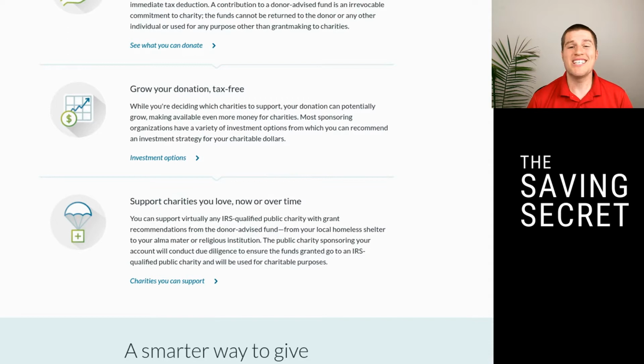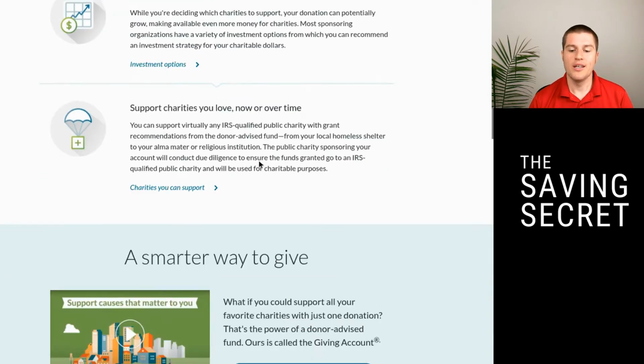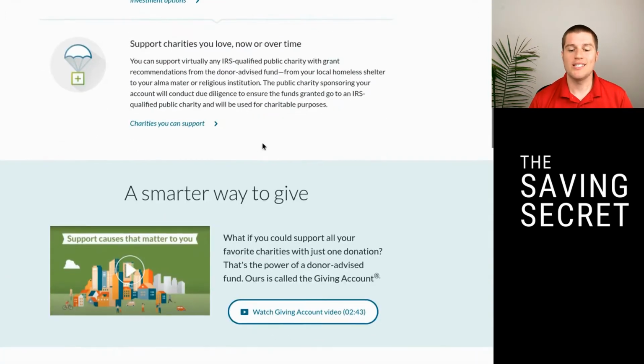You can even set up recurring donations monthly or semi-annually over time, which is a really nice feature. So that's basically what a donor advised account is, and it's very powerful. And it's not just for the wealthy. It's really just a smarter way to give.